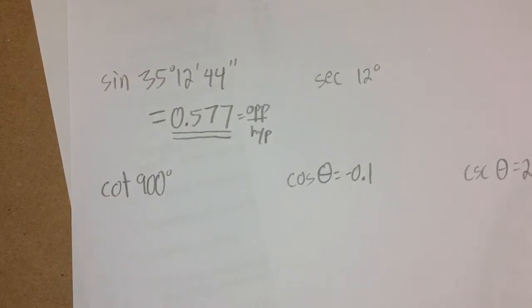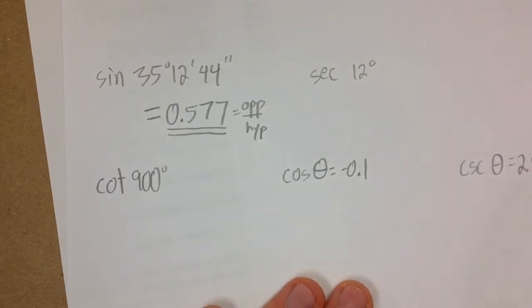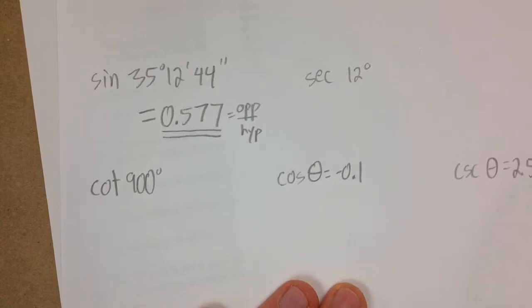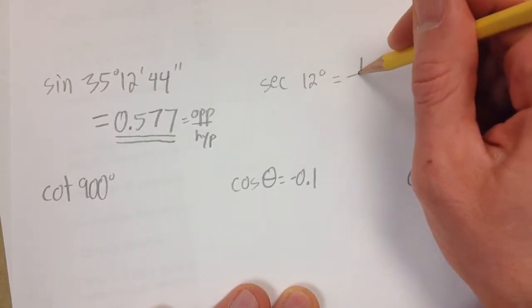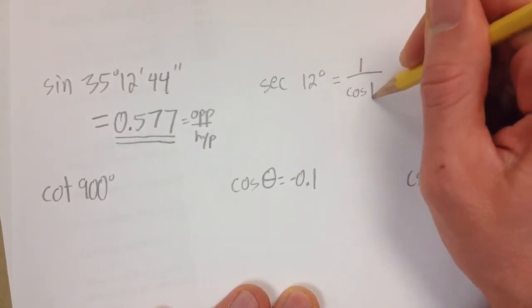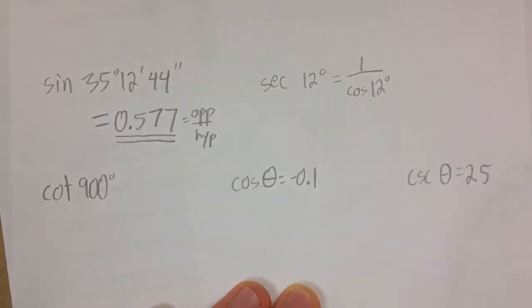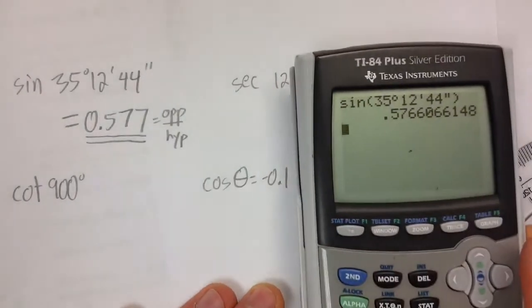Next, I want to find the secant of 12 degrees. So, Julia, tell me what you know about secant. Cosine, yes. Good.